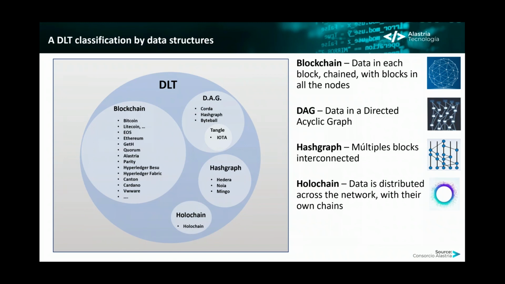Another new technology that has appeared recently is Holochain. Holochain is not the same kind of technology because it's distributing the data to each of the nodes of the system. Each of the nodes of the system handles and mines the data.